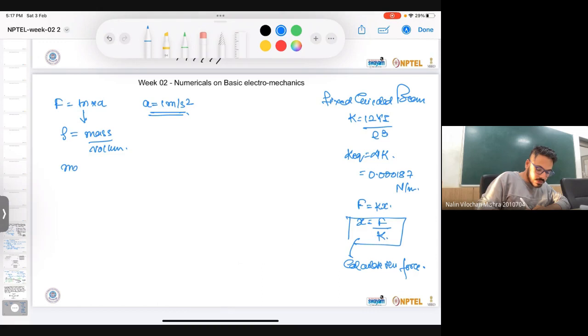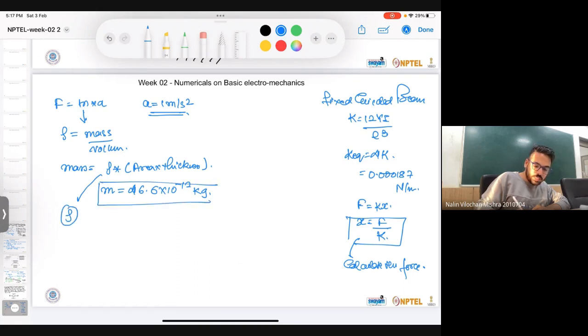So mass is basically density into area into thickness, and the mass value is coming out to be 46.6 into 10 to the power minus 12 kg. I will check this one, the value of rho. So the mass is coming out to be 46.6 into 10 power minus 12.